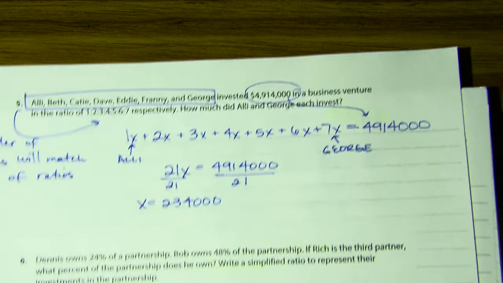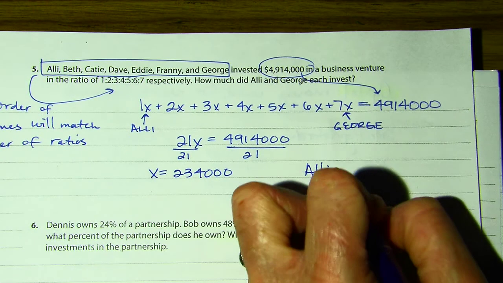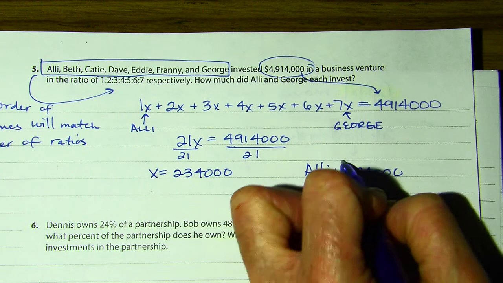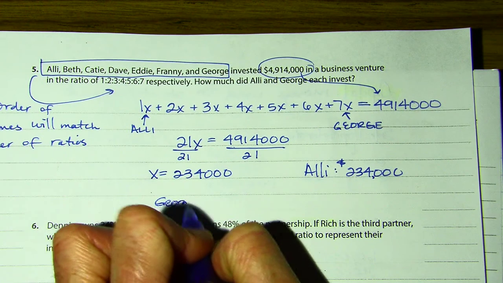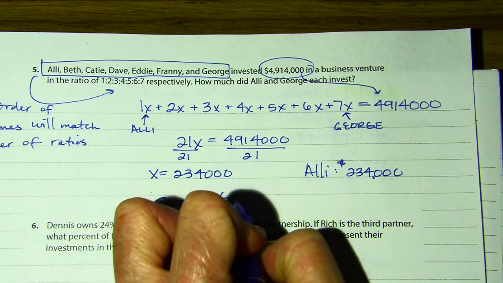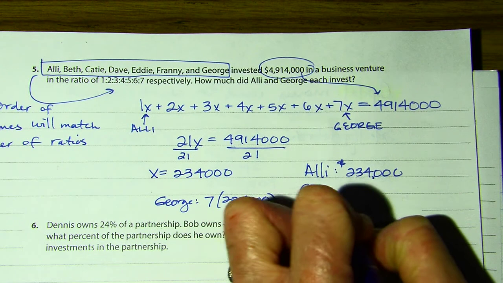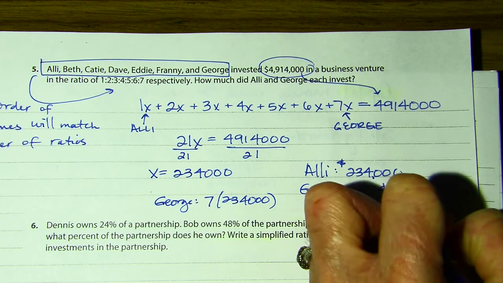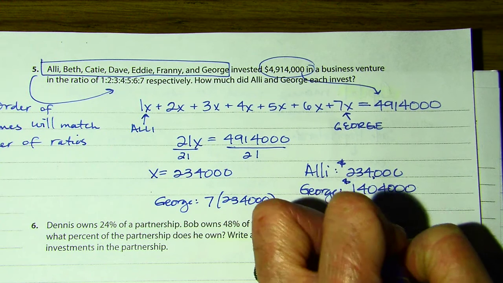So if Allie only invested 1x, then Allie invested $234,000. However, George invested 7 times 234,000. And so George invested a total of $1,638,000. So he invested the most out of any of the partners.